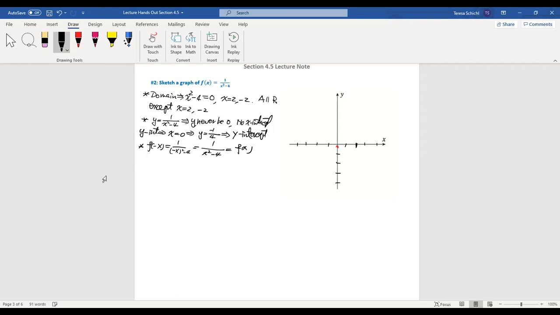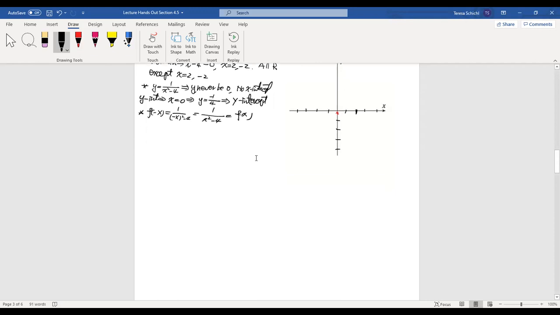So this is an even function. We know what an even function means: the graph is going to be symmetric to the y-axis. So I can just plot one side of the y-axis, and then use the symmetry for the other side.